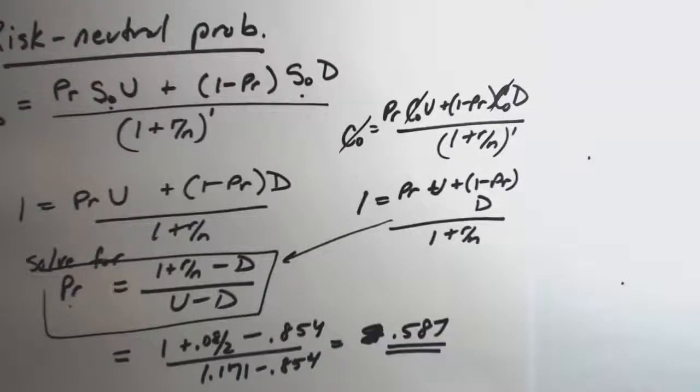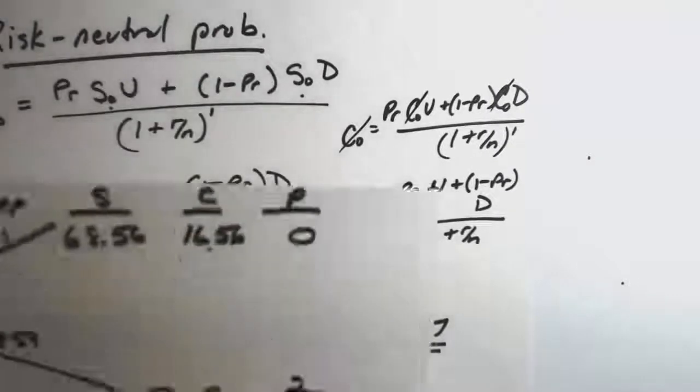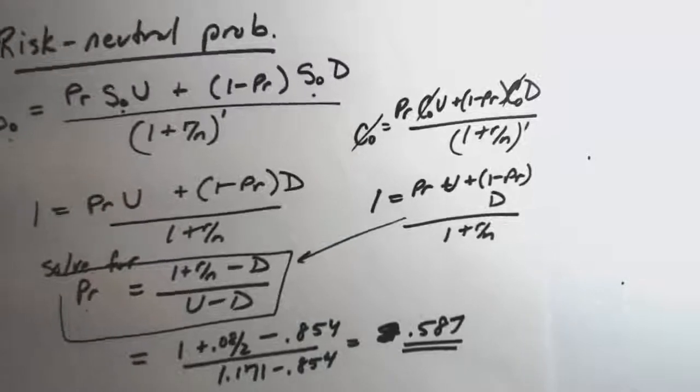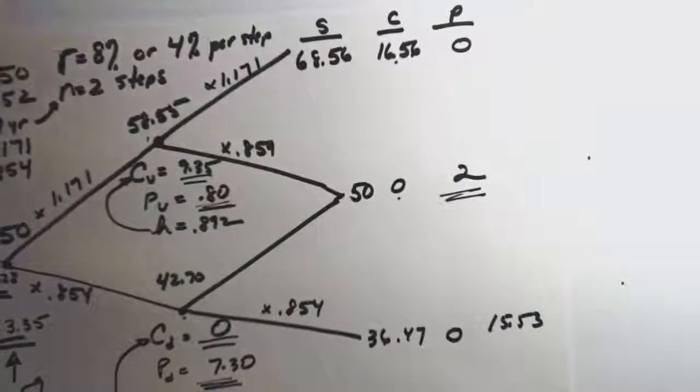Now, keep in mind one more thing before we move on. Now that we have this risk-neutral probability, I'll tell you how to do it, and hopefully you can do it at home.